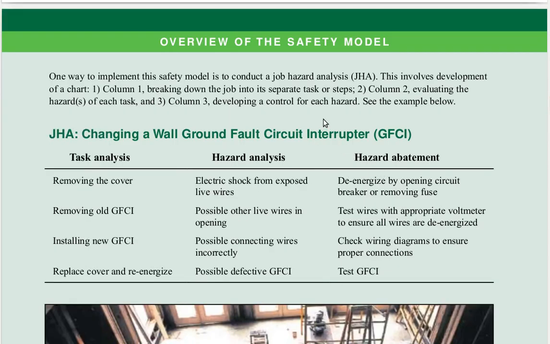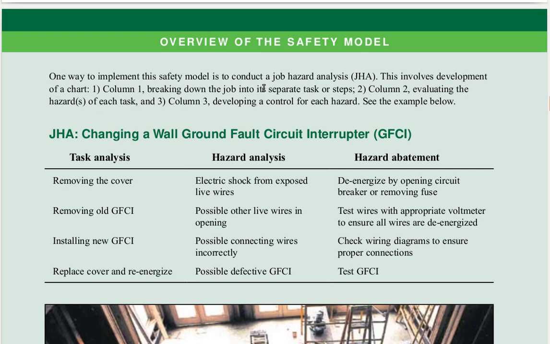So we have an overview of the safety model. One way to implement the safety model is to conduct a job hazard analysis, JHA. This involves development of a chart: column 1, breaking down the job into separate tasks, and column 2, evaluating the hazards of each task.